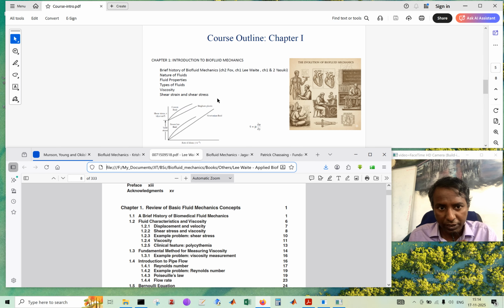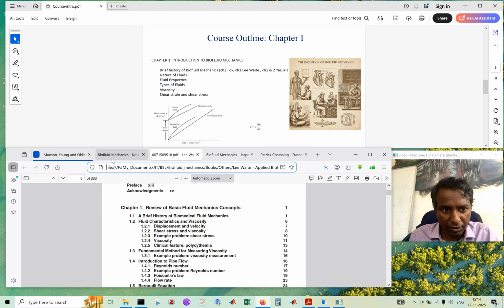So the stress-strain relationship will differ, and based on that, we classify the types of fluids like Newtonian and non-Newtonian. There's a constitutive equation which relates the stress with the strain, and more details will be taught in this chapter.